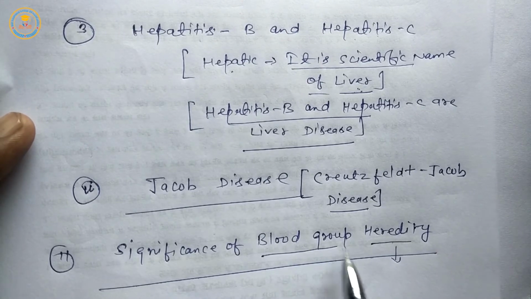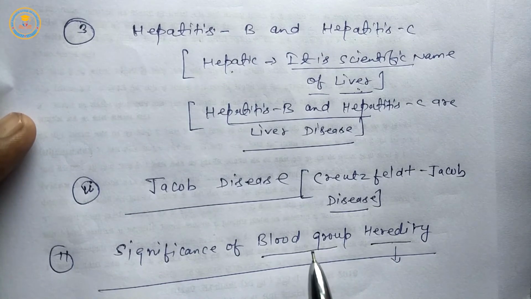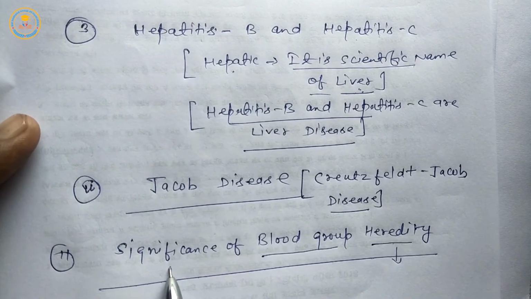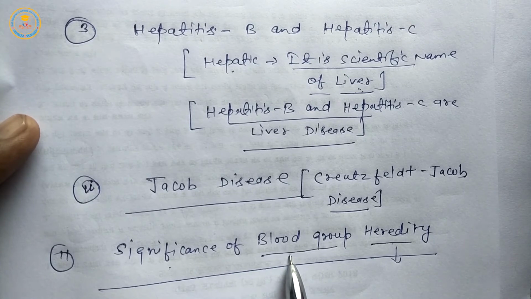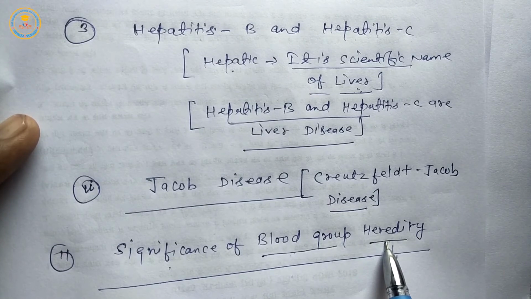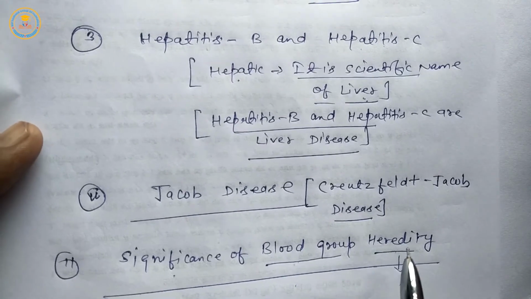Blood group, it means humans have ABO blood group. Mostly 4 types of blood group in humans: blood group A, blood group B, blood group AB, and blood group O. It means 4 types of blood group are found in humans. Heredity means generation to generation, and the term heredity was given by Mendel.